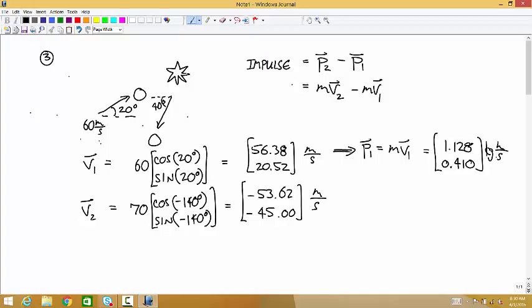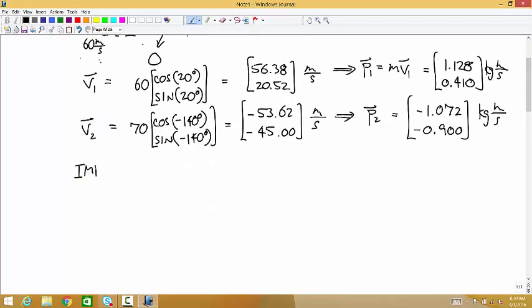And then the momentum at instant 2, what do you get for that? Negative 1.072. Okay. And the second component? Negative 0.900.